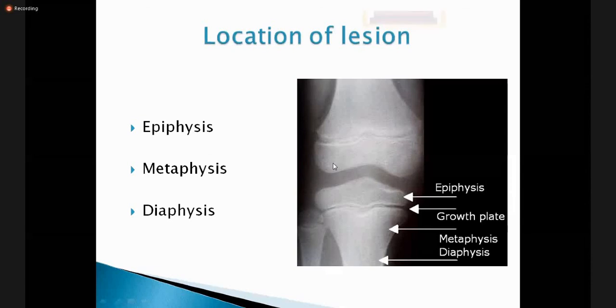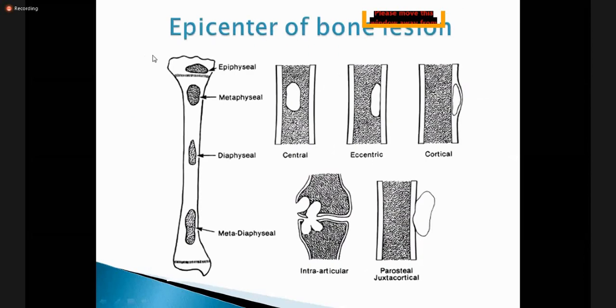So these are the epiphysis. Then this concave portion is the metaphysis, and after that there is the diaphysis, which is the shaft of the long bone. This is the diagrammatic representation of the epicenter of the bone tumor, whether it is in the epiphysis, metaphysis, diaphysis, or the metadiaphysis, meaning at the junction of the metaphysis and diaphysis.